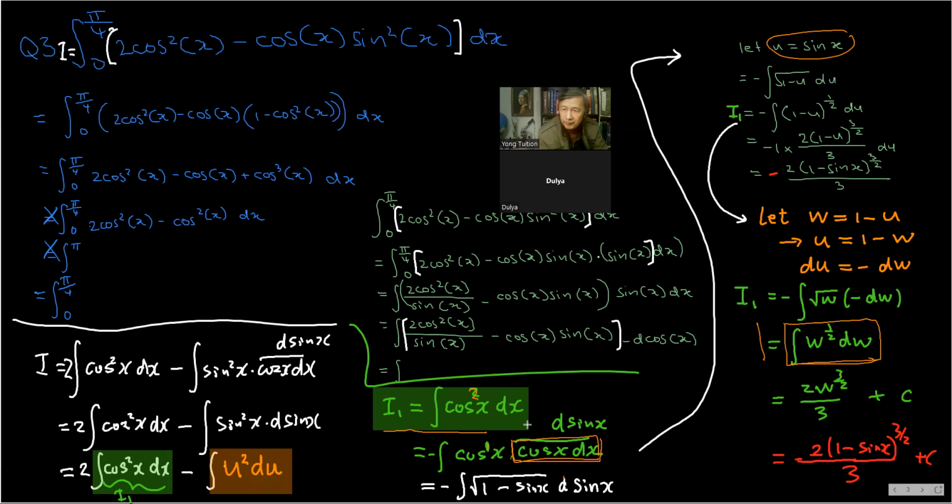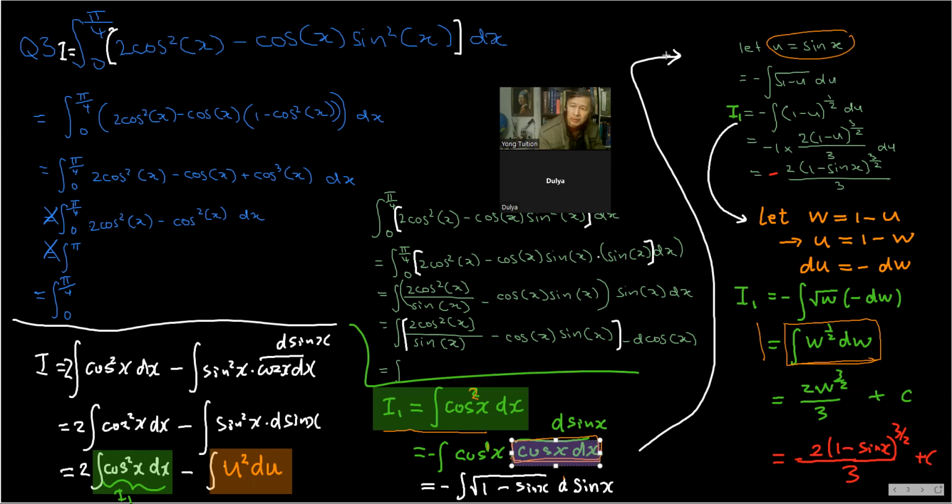Before I introduce another variable, I first rewrite cosine square into cosine x multiply cosine x dx. I borrow a cosine x in order to obtain the d sine x.